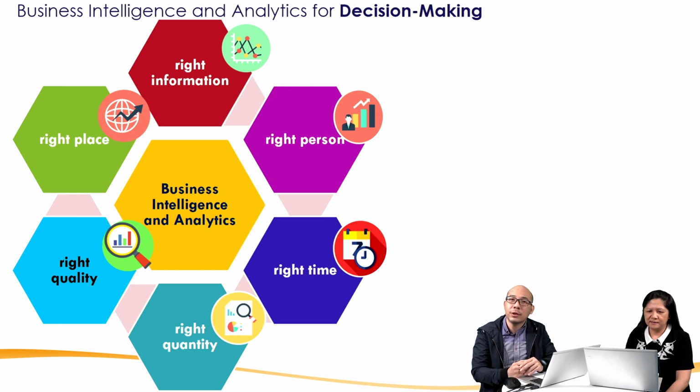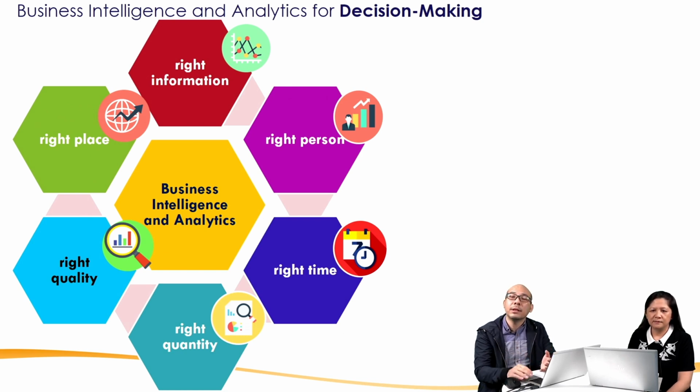As you can see, traditionally, data is being used to present in terms of dashboarding or reporting. Now, it is crucial for them to make decisions via data, to present the right information to the right person at the right time with the right quantity and right quality at the right place.